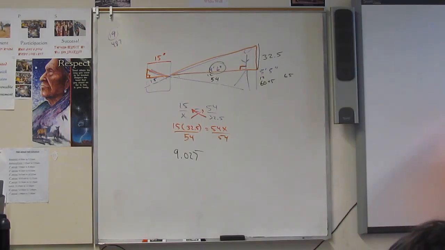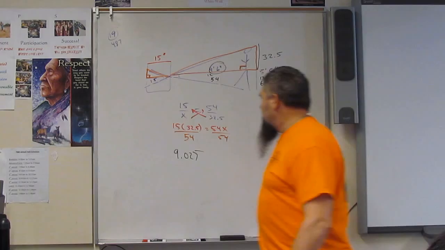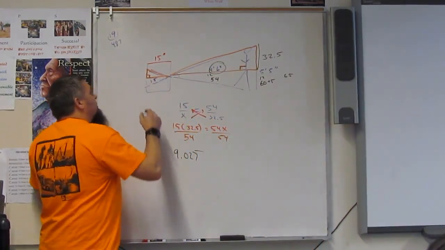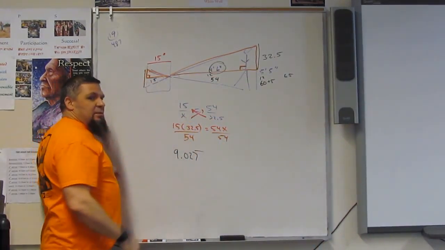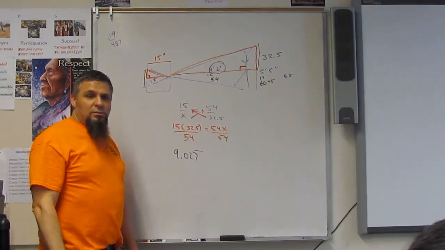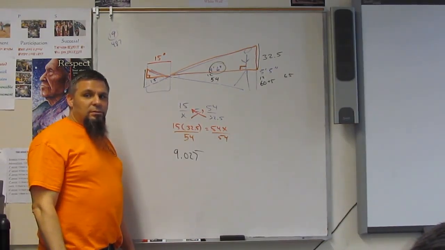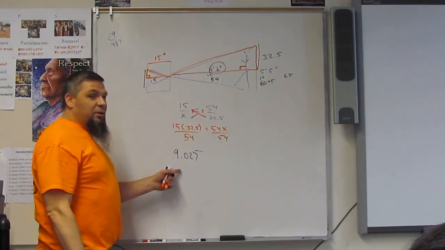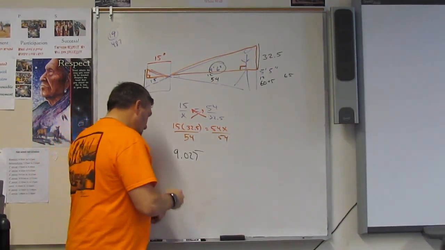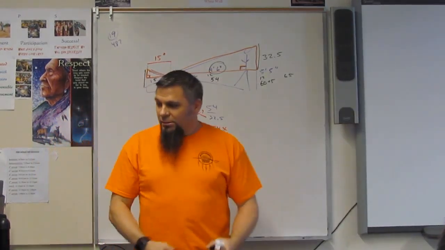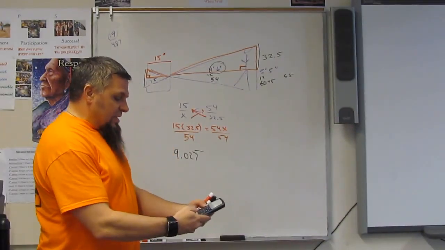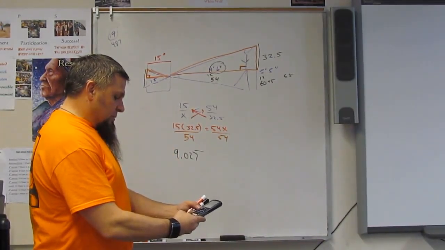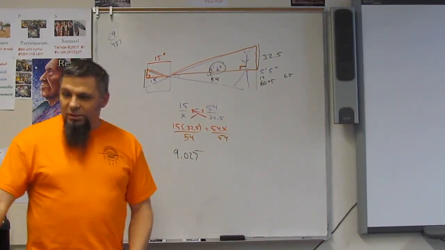Now, let's see what it asked for. They want it in feet. So how tall is this? Break it down: 2 of those, so 2 times that equals 18.05.